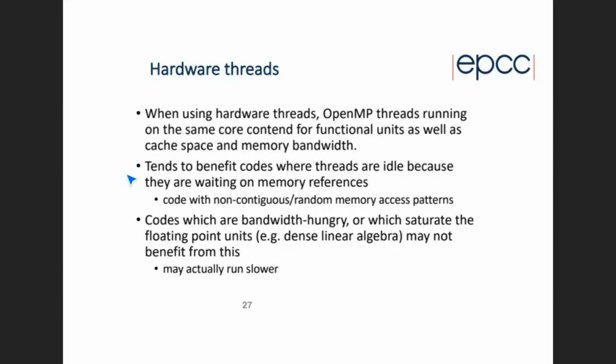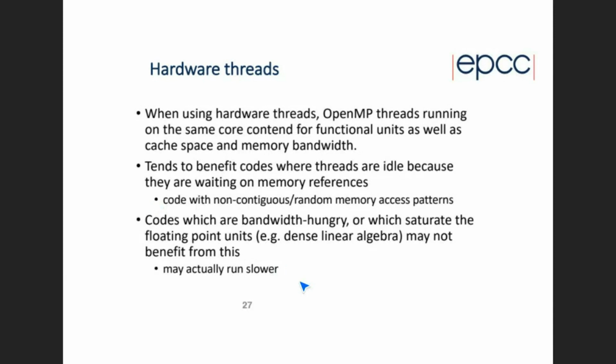The ones that do are ones where threads are likely to be idle because they're waiting on memory references. So codes with non-contiguous or sort of pseudo-random memory access patterns, large sparse matrix computations, for example.